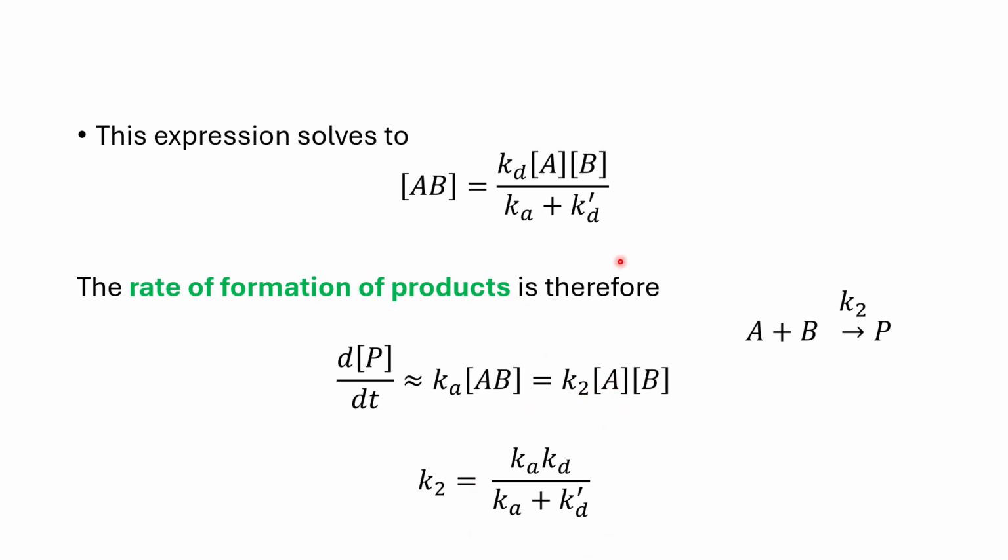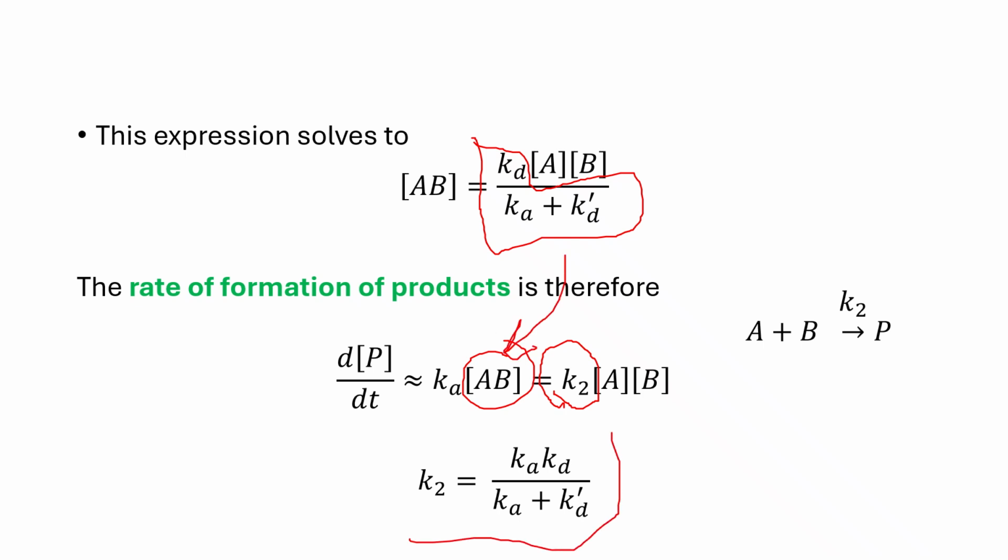This part here will be equivalent to K2 after we substitute AB into the equations. So we have this, corresponding to the rate of the reaction for the product formation.